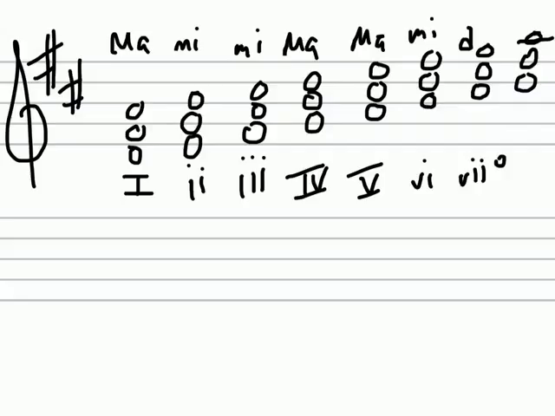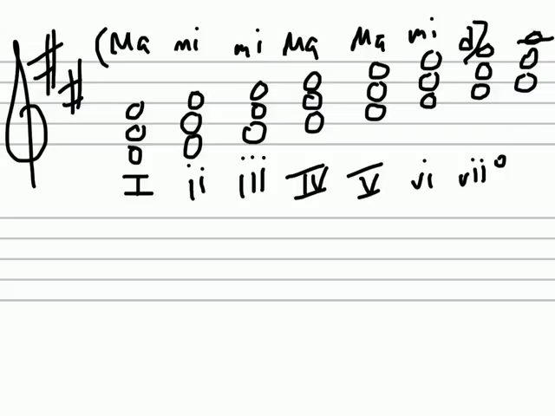Those are the notes of the major key, each one of the scale degrees making a triad, and this order from there to there will be consistent for every major scale.